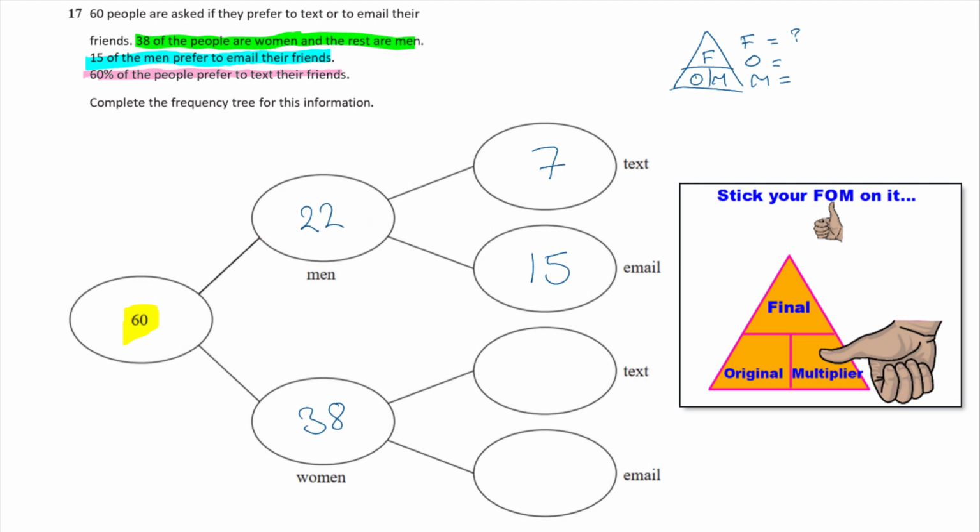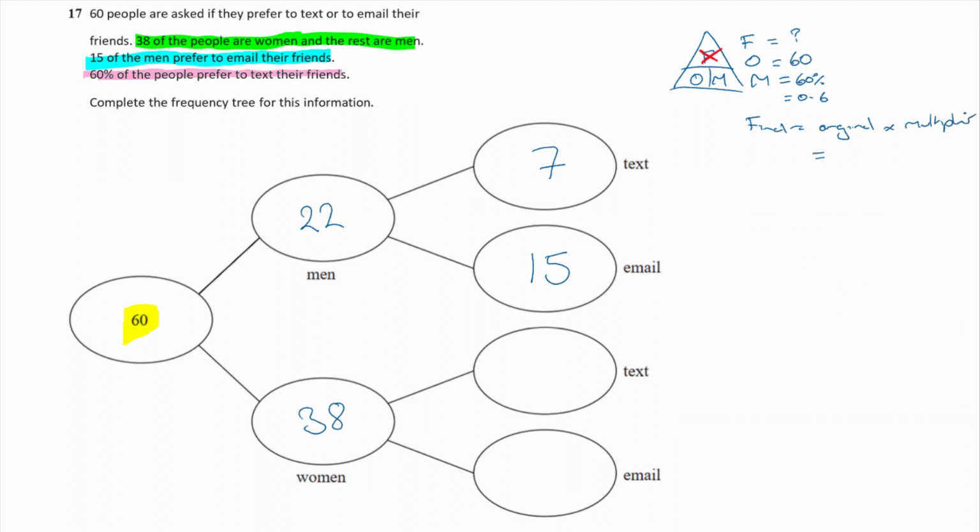What is the original? I've got 60 people I want to find a percentage of. And what is the multiplier? Well, I want to find 60%, which as a multiplier is 0.6. Okay, so I want to find the final, so let's cover that up. That tells me that the final is equal to the original times the multiplier. Final equals original times multiplier.